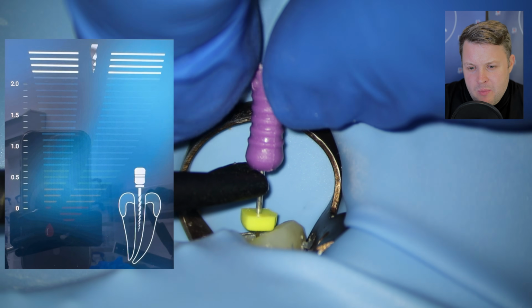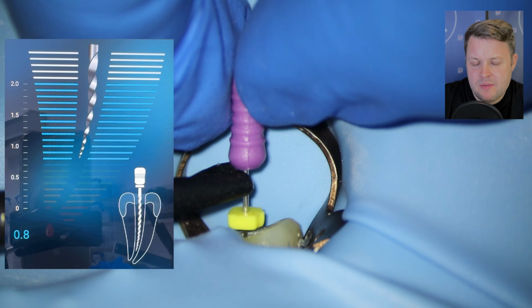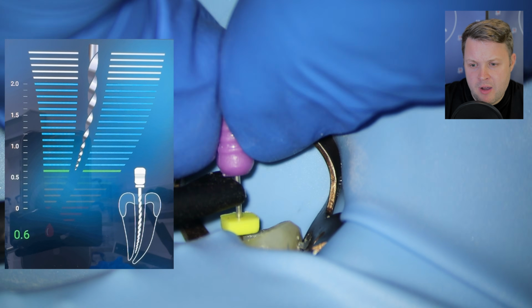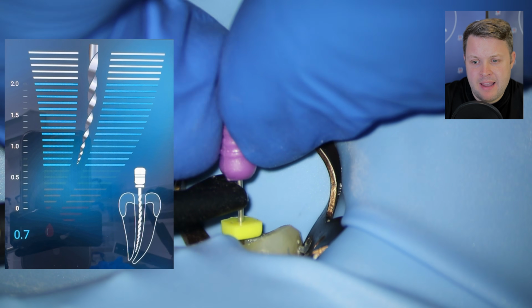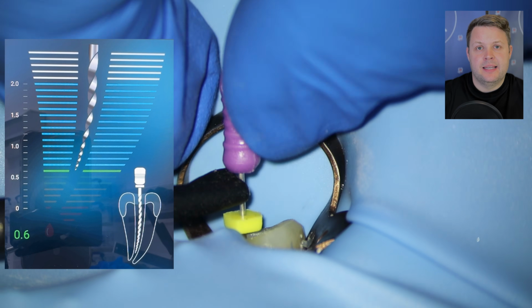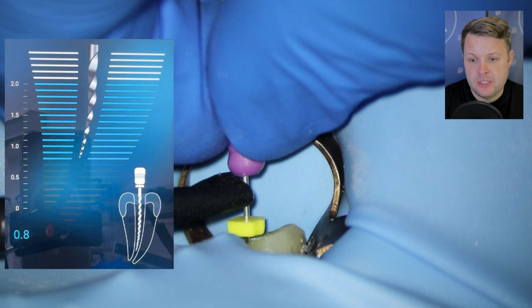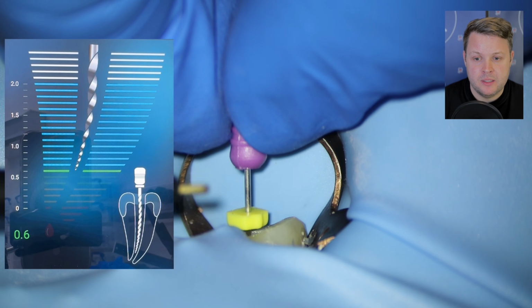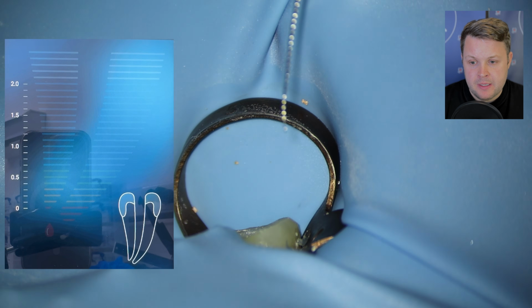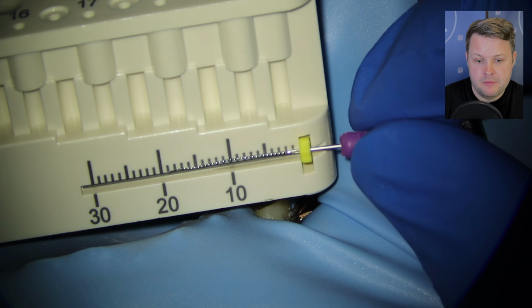And I would say we're not too far away from zero, but we're definitely not at zero. And I suspect, like I said before, it's probably complicated anatomy, or possibly some of the sealer is blocking the tube. And the furthest point reached is 19.5 millimeters.